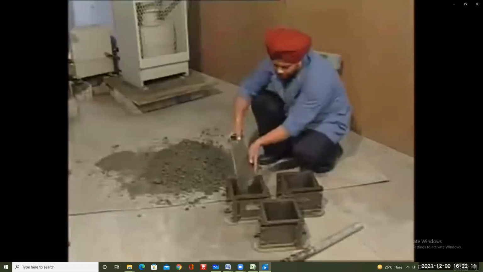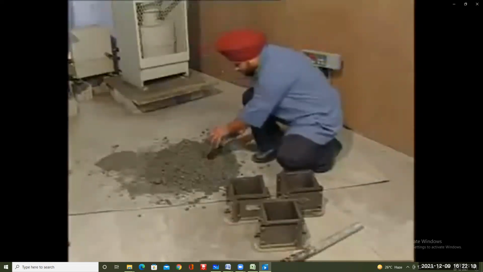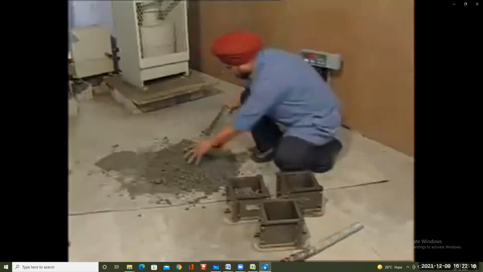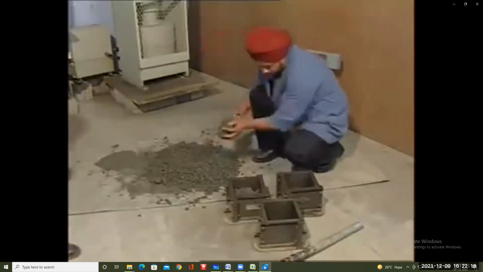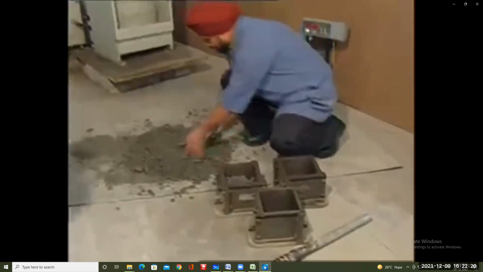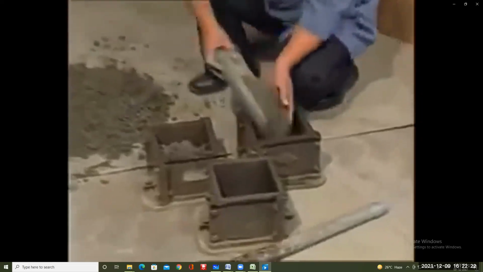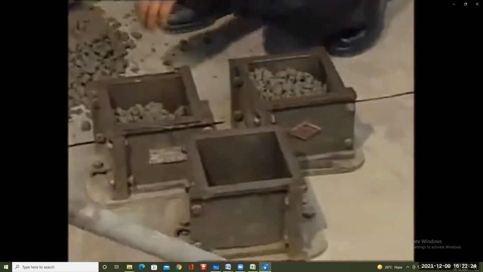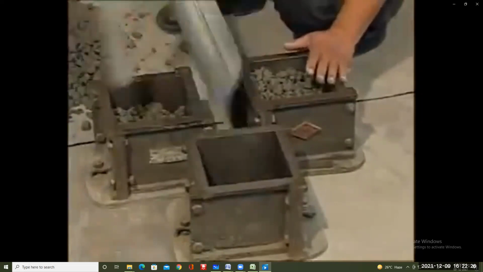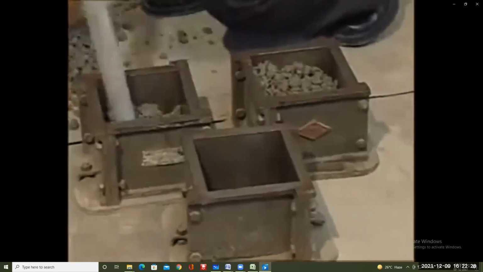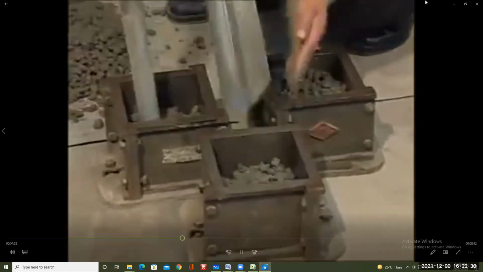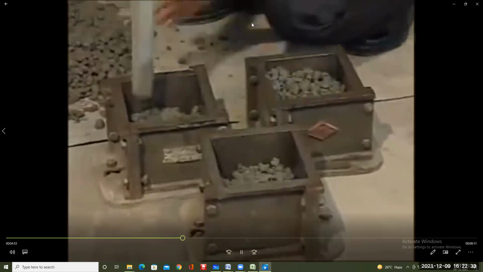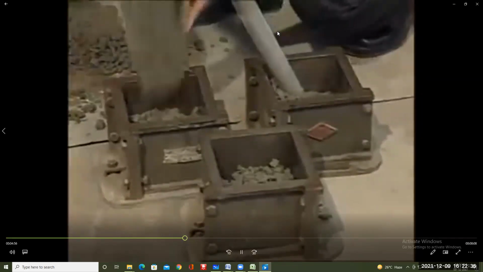Using the scoop, fill the concrete into the molds. It is then compacted by means of needle vibrator, ensuring thorough compaction of concrete.